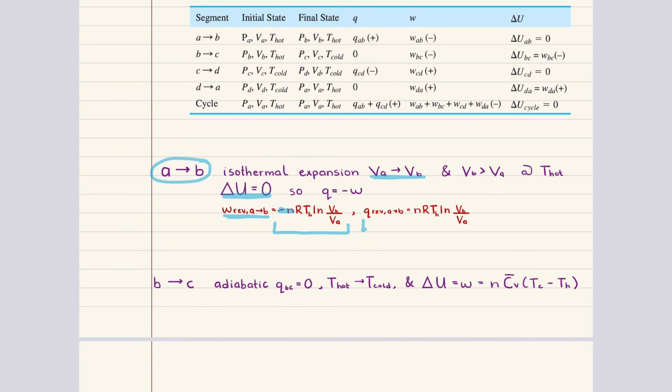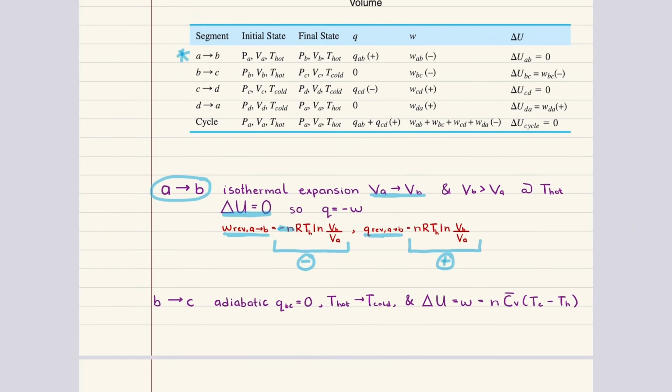So now we can write QAB equals positive nRT hot times the natural log of VB over VA. This is going to be positive. So in our first segment, work is negative, heat is positive. Therefore, heat flows in from the hot source and an equal amount of energy leaves as work done on the surroundings.